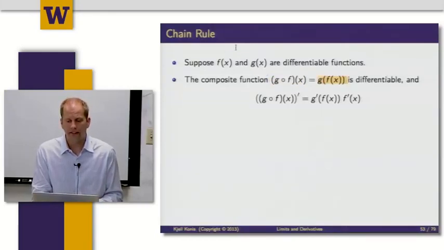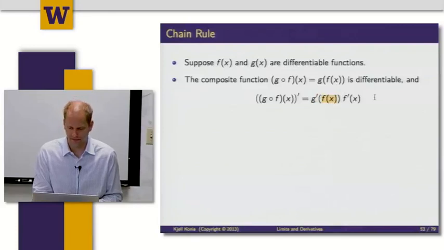So if f of x and g of x are differentiable functions, then the composite function g of f of x is also differentiable. And the derivative of this composite function is the derivative of the outside function, so the derivative of g evaluated at f of x, times f prime of x.